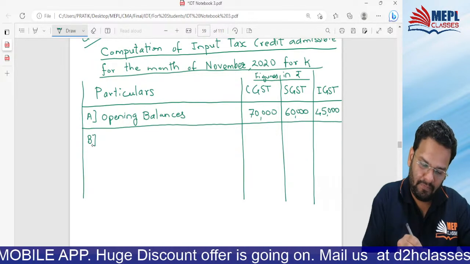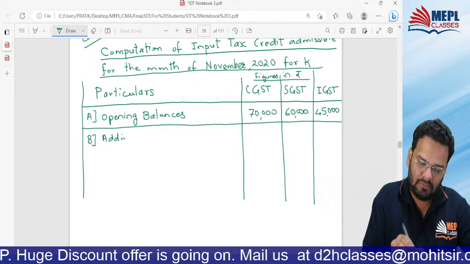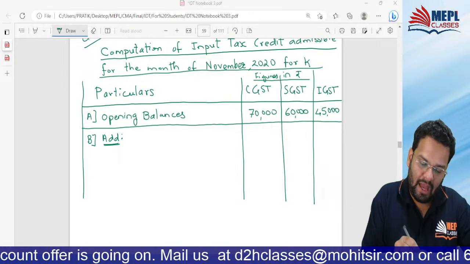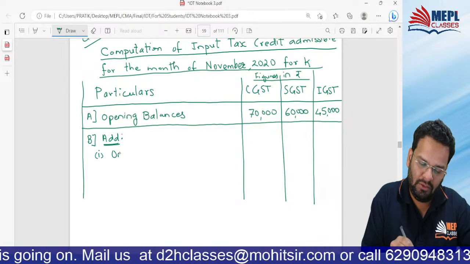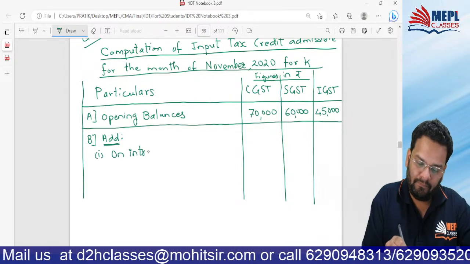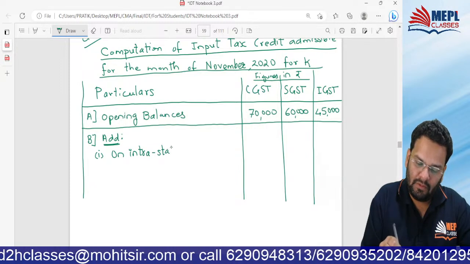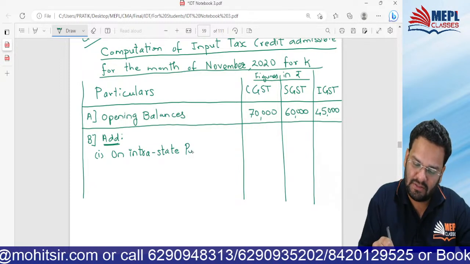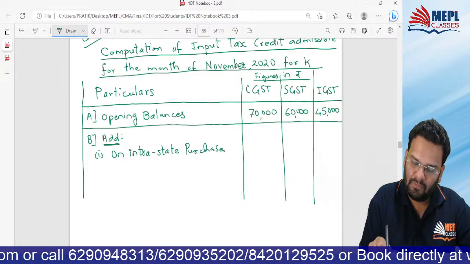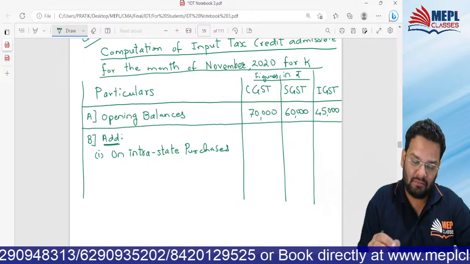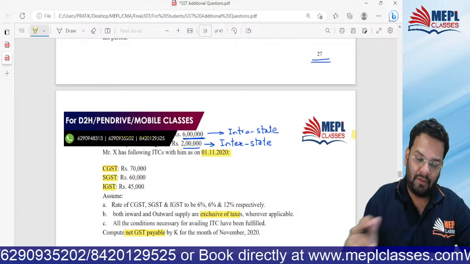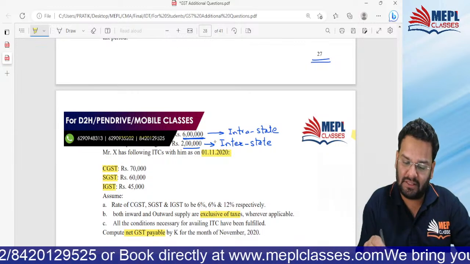Add first on intrastate purchases. Now, what are intrastate purchases? Intrastate purchases are worth 6 lakh rupees.